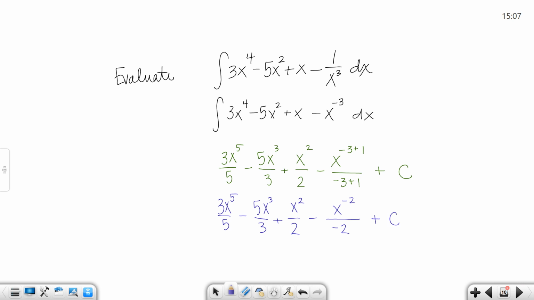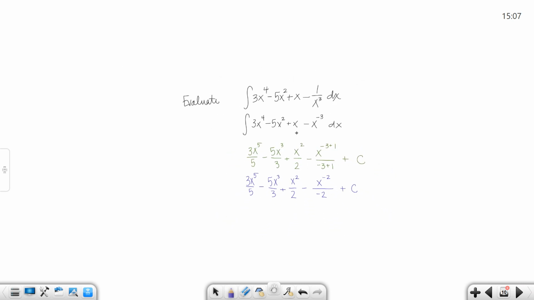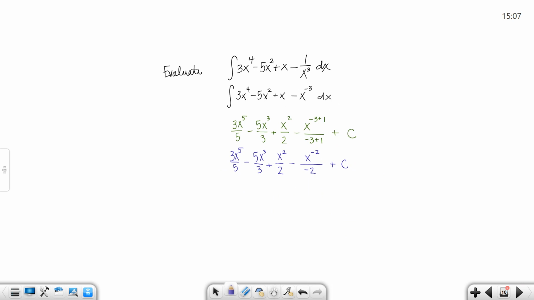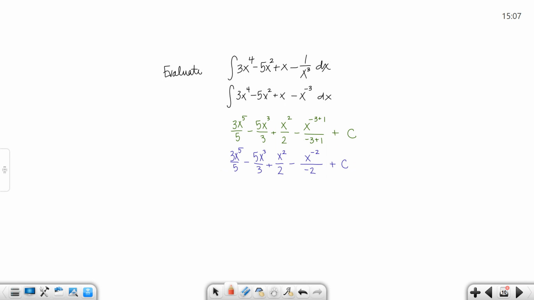Now, let's clean that up. Okay, when we clean it up, of course, all we're cleaning up is the back piece. What you'll notice is you have two negatives, a negative here and a negative here. So that's going to give you a positive result. Two negatives make a positive.